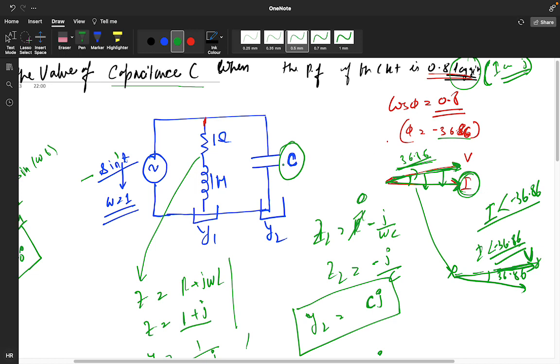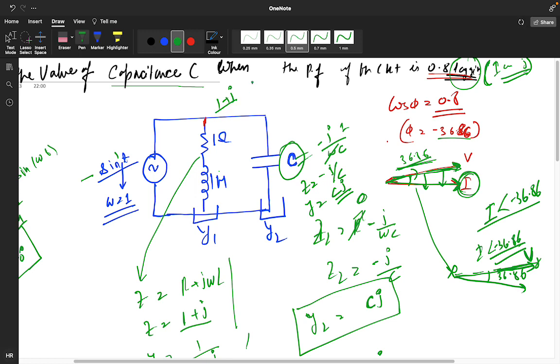Okay, so what I did, this C can be written as minus j upon omega C, and the omega value was 1. Okay, so minus j by C. This is your Z term. If you write it in the Y term, then it will become C upon minus j, it will give you jC only. Okay, and this will be how much? 1 plus j, because j omega L, the omega value is 1, so 1 plus j.